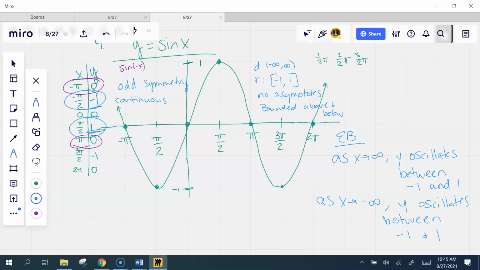We have absolute max, and watch how I do this. At every, where do I have absolute maxes? Pi over 2. This is going to be 5 pi over 2. Every x pi over 2.